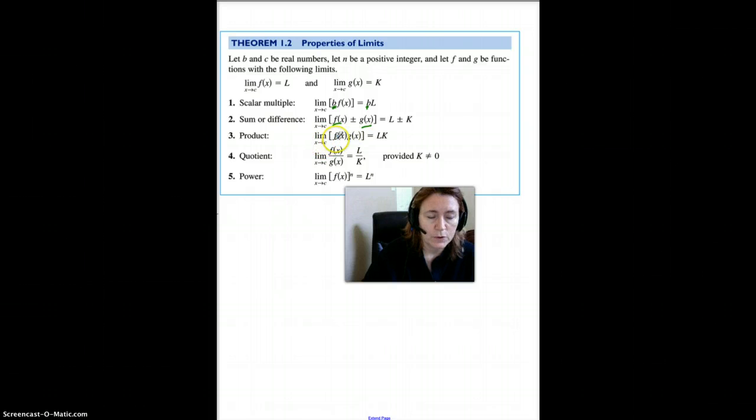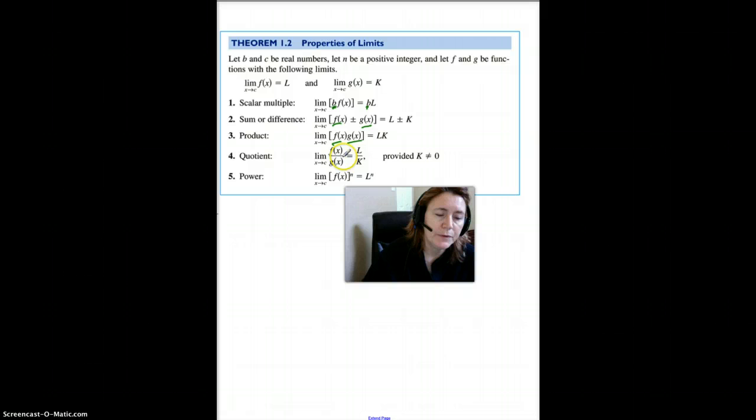Also, the product rule says that if you multiply the 2 functions together and then take the limit, the result will be the product of the limits. This will make your life so much easier later on when you can evaluate the functions separately and just multiply them together.